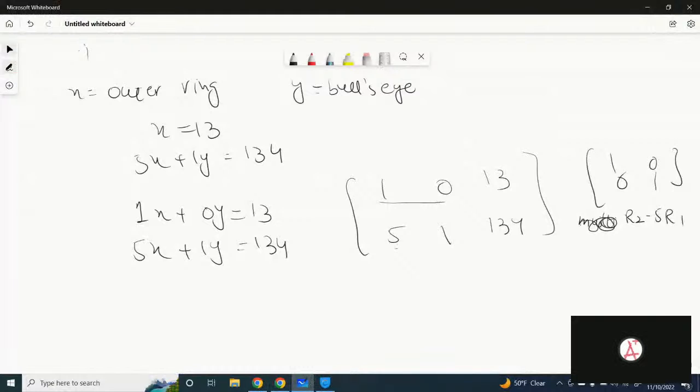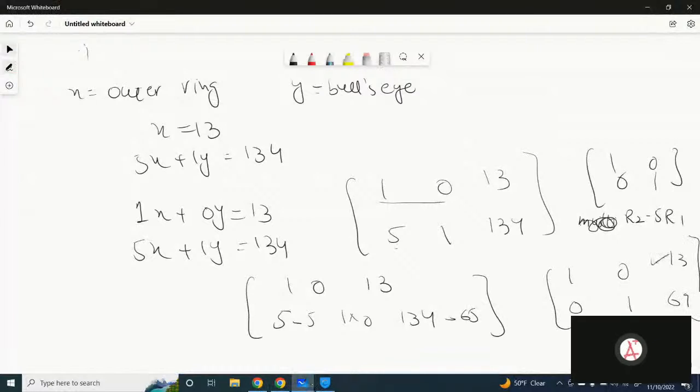That's the operation I'm going to apply here. 5 times 1 is 5, so 5 minus 5 is 0. 0 times 5 is 0, and 13 times 5 is 65. Then 134 minus 65 is 69. So when you solve, it would be 1 0 13 and 0 1 69. So the solution of the equations is 13 and 69.